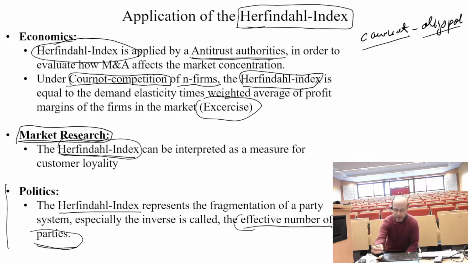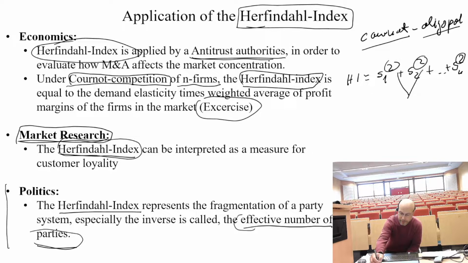If you remember, the Herfindahl index is just the sum of the squared market shares. I say therefore that this squaring is quite natural, since we use it quite often.